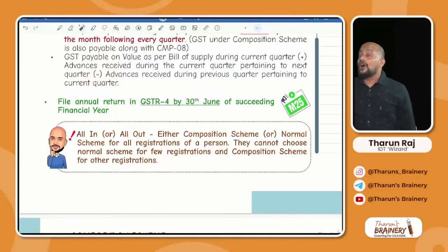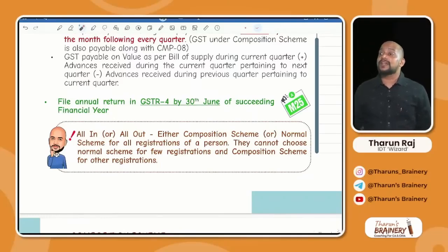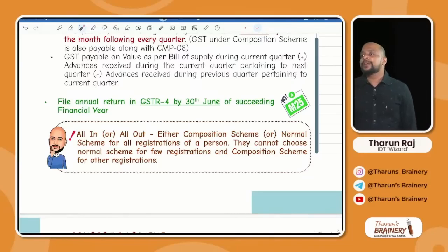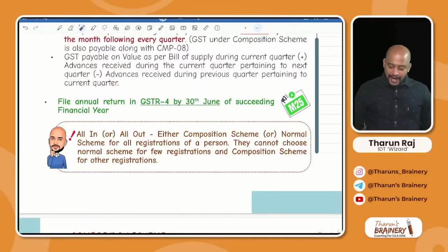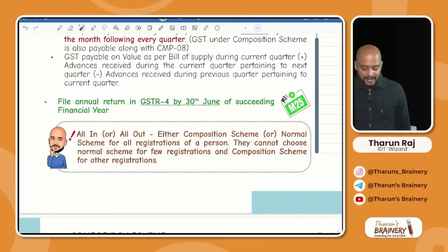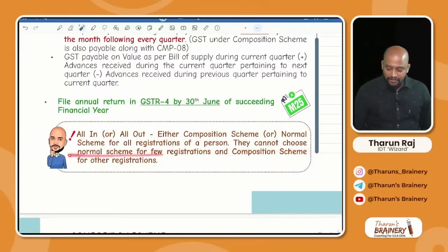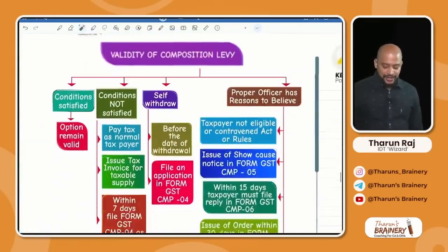So you need to write all the registrations of a person should be under composition scheme, or all the registrations of a person should be under normal scheme, but not both. So either composition scheme or normal scheme for all registrations of a person. They cannot choose normal scheme for few registrations and composition scheme for other registrations. Is it clear?